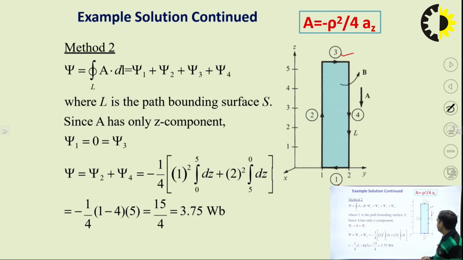And ds is in this direction. Okay, when we apply this, the psi value will be the same, that is 3.75 Weber. So please work this out. This is the same method which we have used for finding the flux lines.